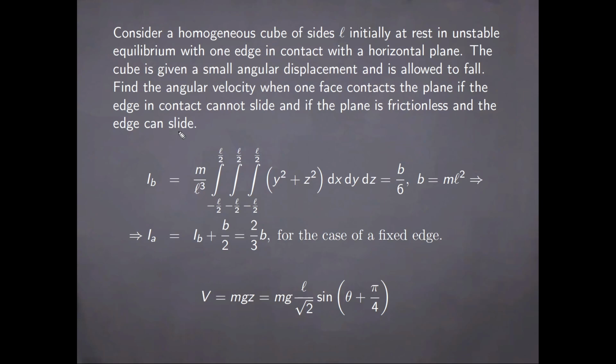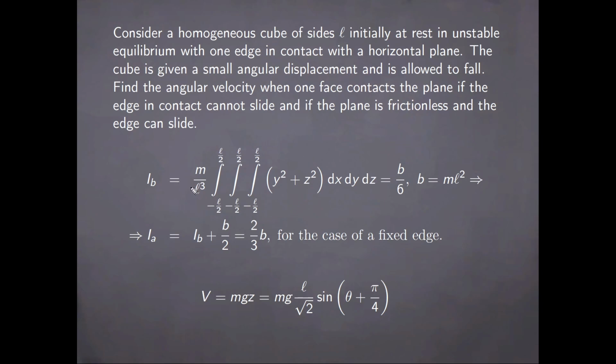So looking at the first situation, what we want to do to begin with is to calculate the moment of inertia for a rotation axis that passes through the center of mass and is normal to the face of the cube.